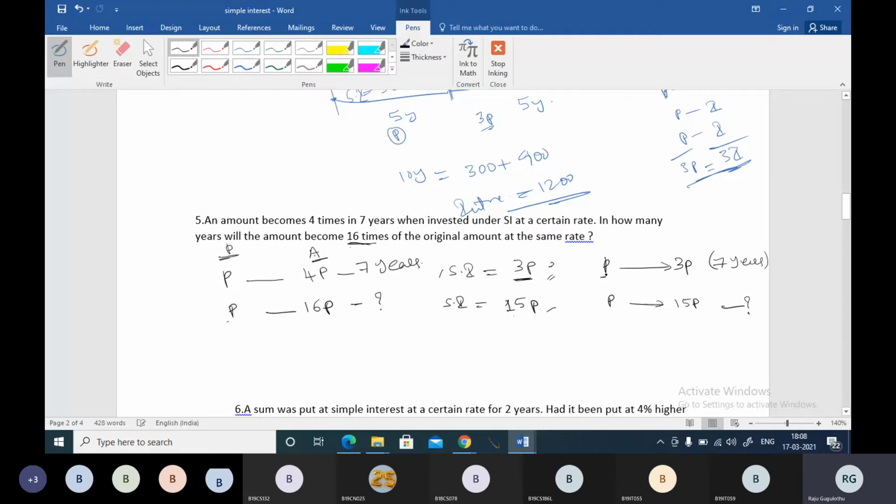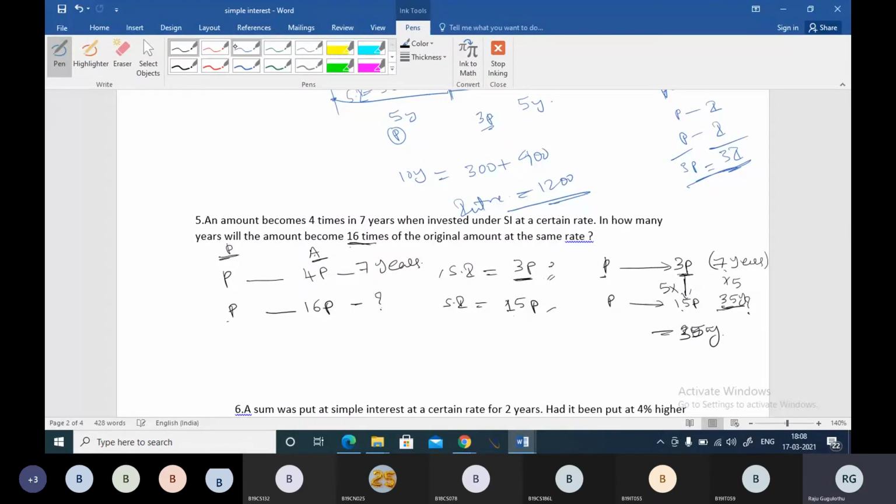P is becoming 3P in 7 years, and now 3P has to become 15P. It becomes so when you multiply it with 5, then 3P will become 15P. So whatever factor you multiply here, you will have to multiply here also. Then you will get 35 years.